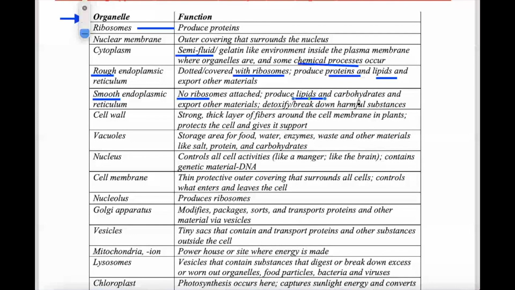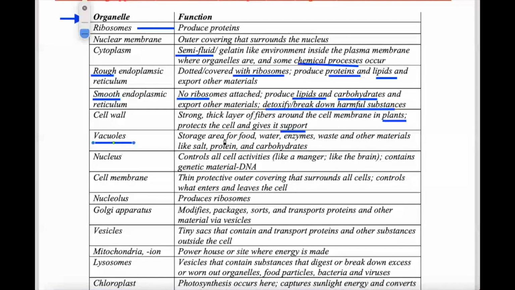Also, they help to break down the harmful substances. Cell wall is the outermost protective boundary in the plants and the bacteria, but not in the animals. So remember, this is only in the plants. It gives support.